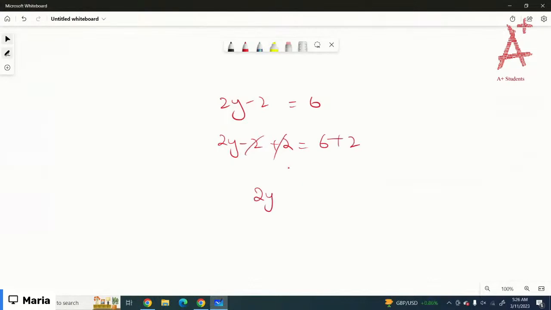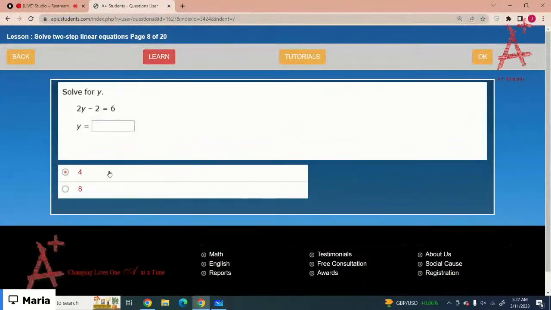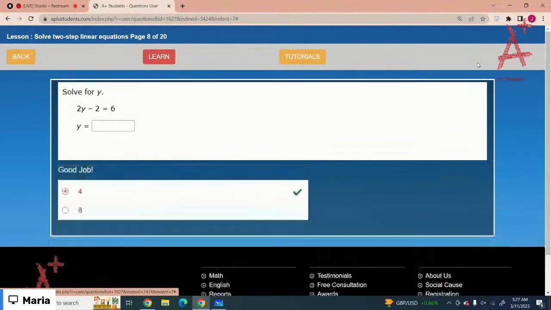You are left with 2y here and 6 plus 2 is 8. So divide both sides by 2. Y equals 8 divided by 2, which is 4. So it is y equals 4. Got it? So the correct option is 4.